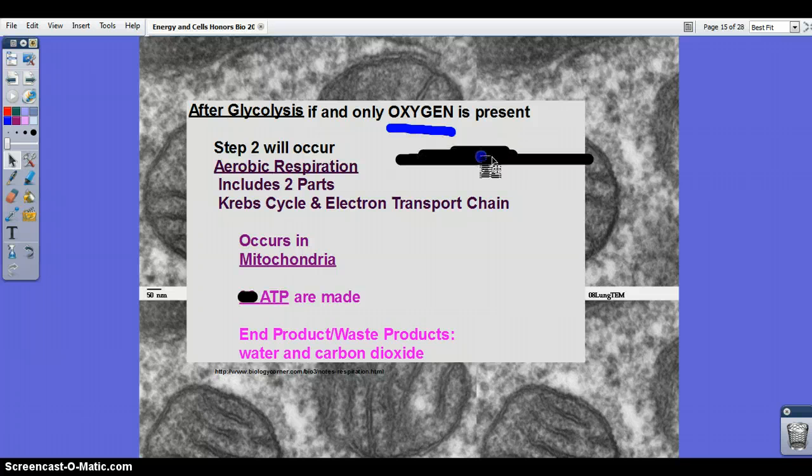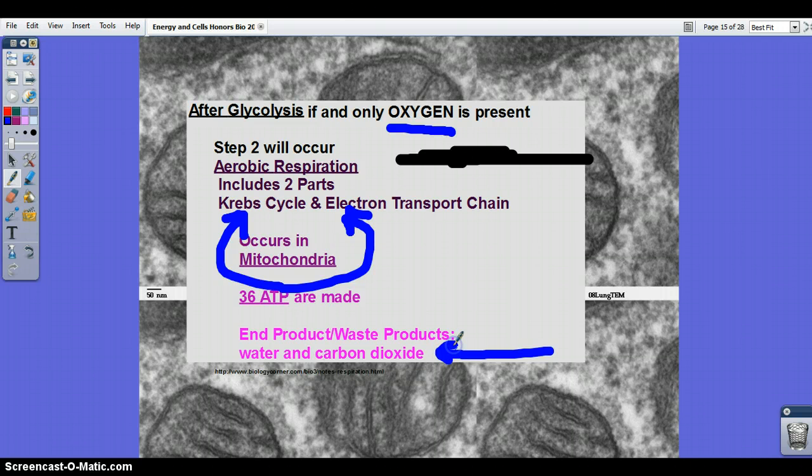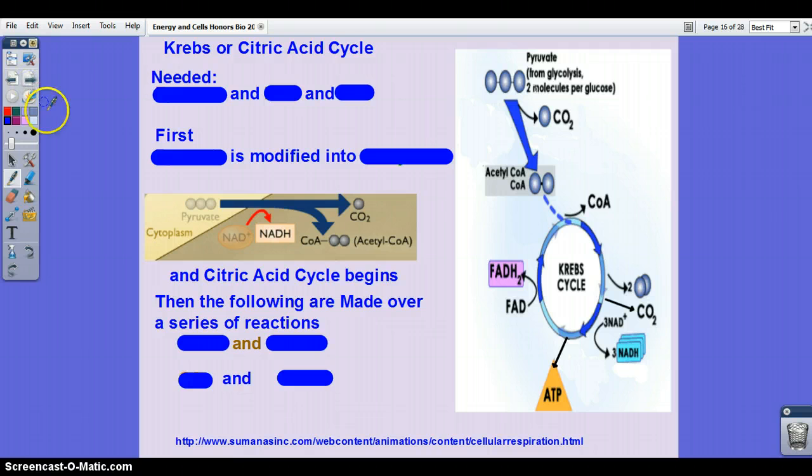All of this process will take place in the mitochondria, and the total ATP produced during these 2 processes, electron transport and Krebs, are 36 ATPs. The waste products, which are the end products of the full reaction of cellular respiration, are water and carbon dioxide. Let's take a look at Krebs.